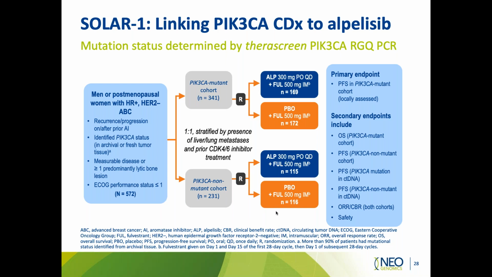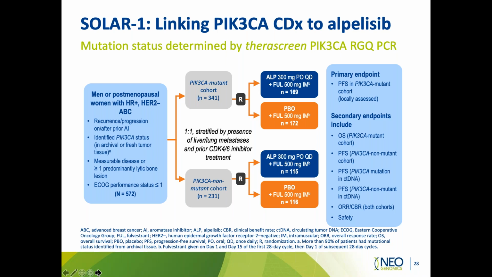They did PIK3CA testing on all patients, and they separated them into PIK3CA mutant positive and mutant negative categories. For each of those categories, they split them, randomly of course, into groups that got fulvestrant or fulvestrant and alpelisib.